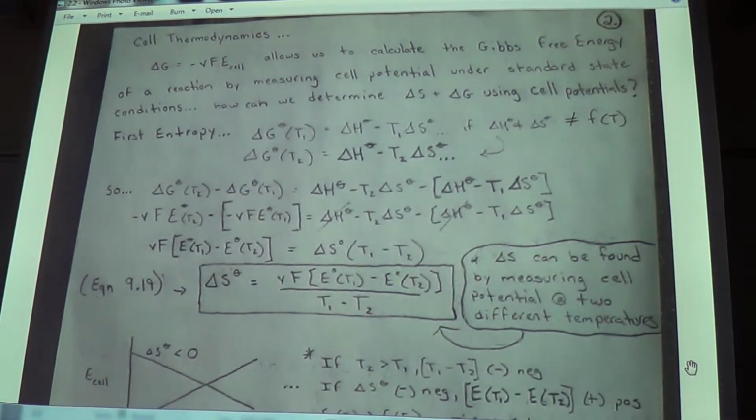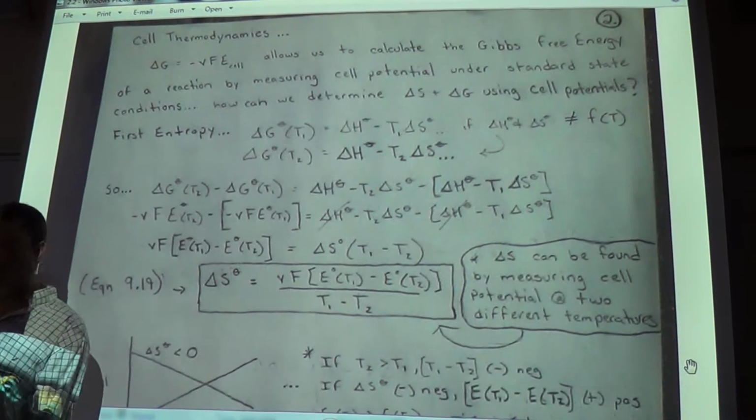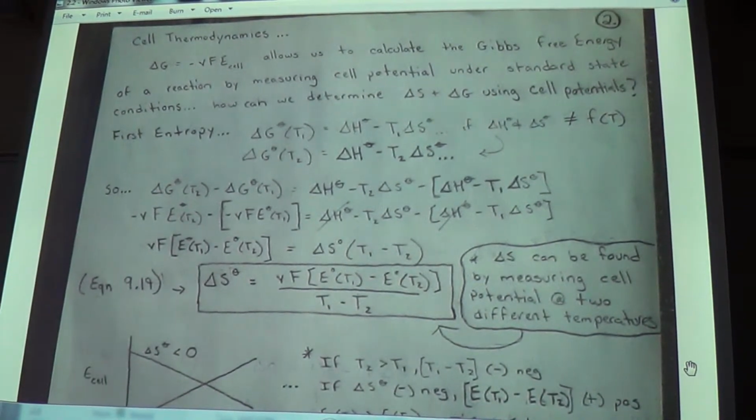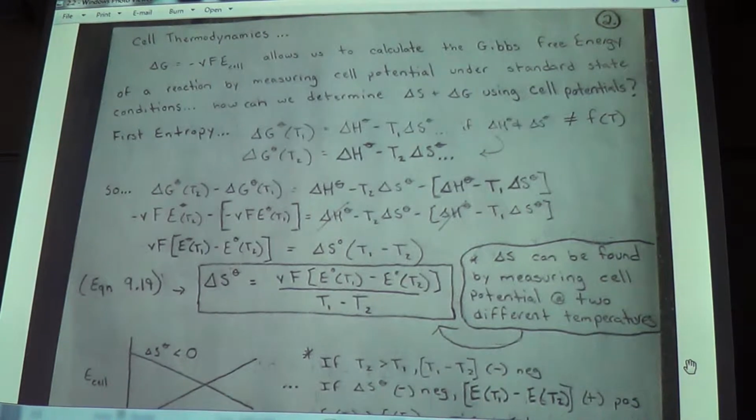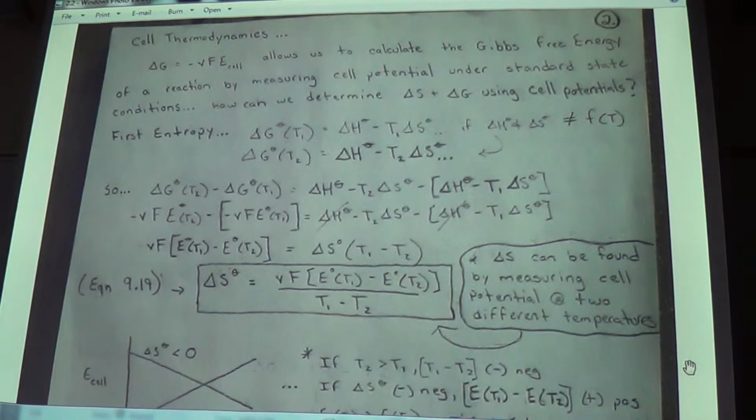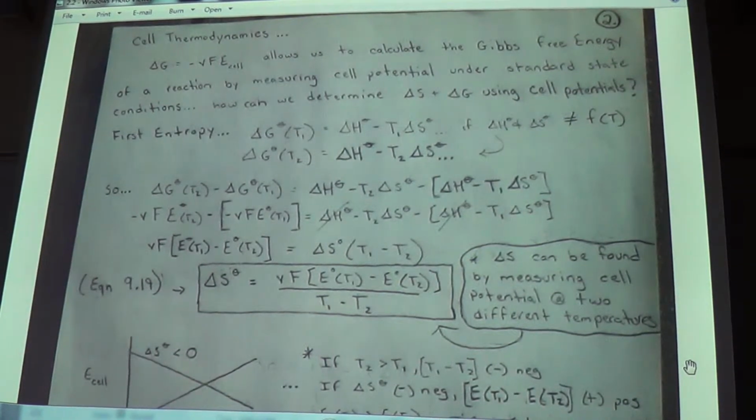And then we said that if we looked at the solution that actually contained ions, there would be an amount of heat released in that solution, and that would be equal to T delta S. So that's one mechanism for determining delta G and delta S for the reaction. You can do it calorimetrically.